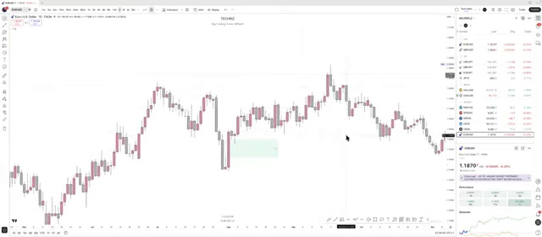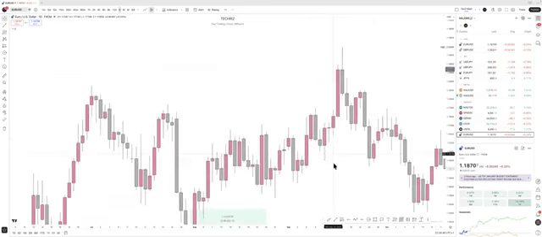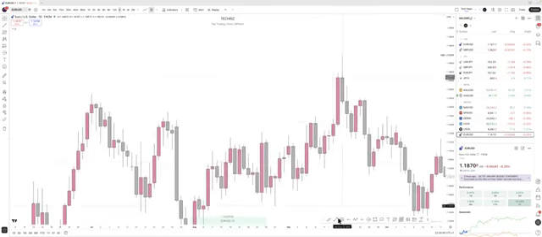Tuesday is the one creating the range. Can you see? Tuesday creating the range. Wednesday turtle soups Tuesday. And then Thursday created the low of the week.